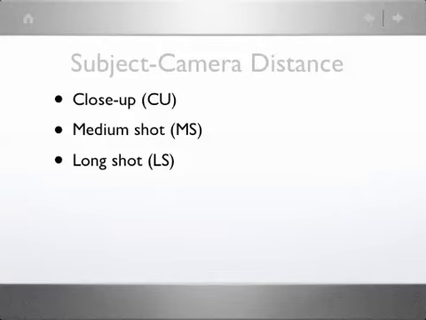A long shot is one in which even more of that set or setting that the character is in is shown. Long shots typically will show the entire body of one person or multiple people in a shot, as well as more or less the entirety of the room or other space that the characters are located in.